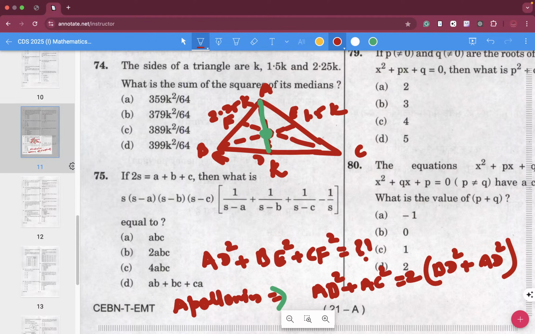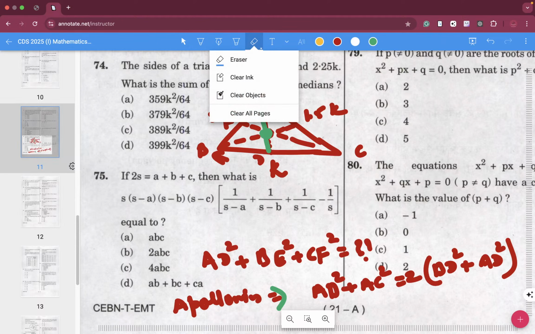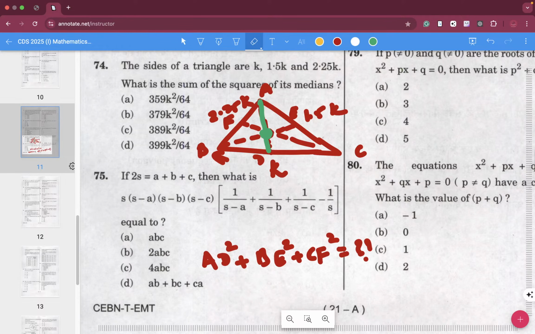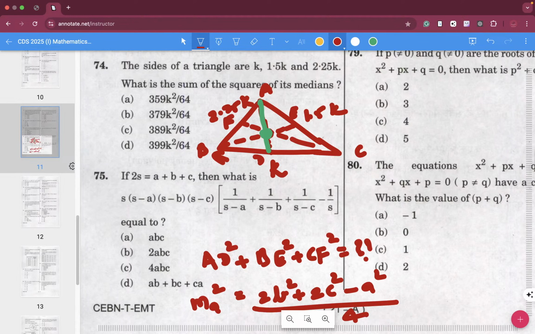In short, if you solve for this, what it means is that median of A square is equal to 2 times B square plus 2 times C square minus A square, divided by 4.